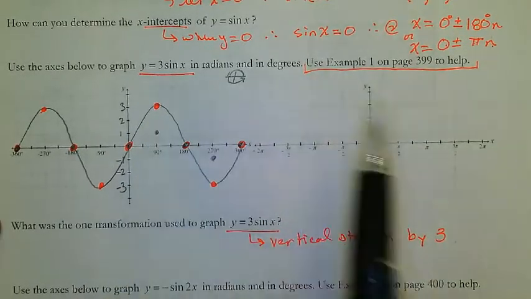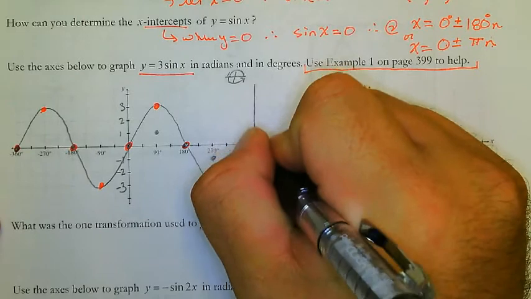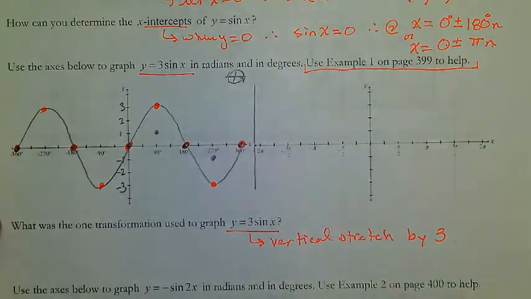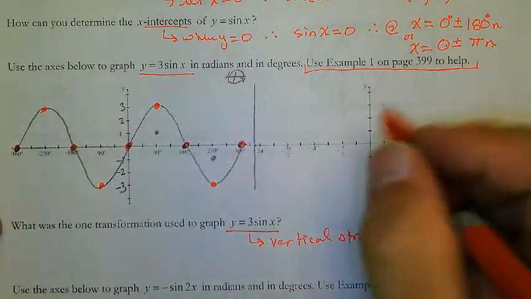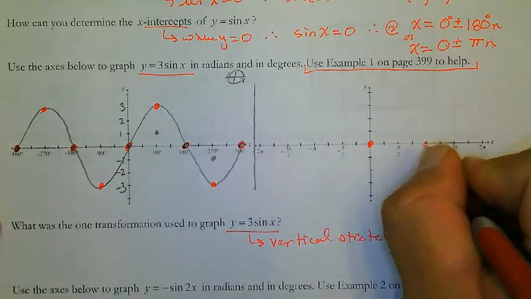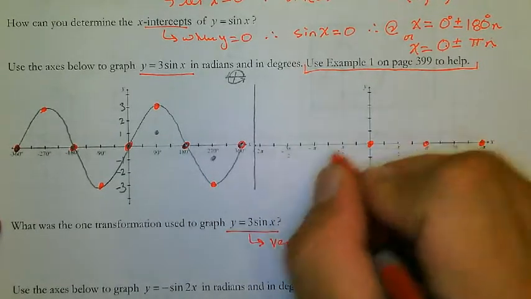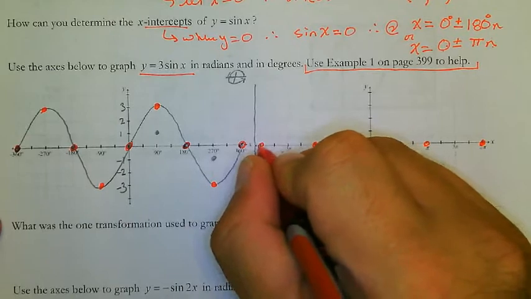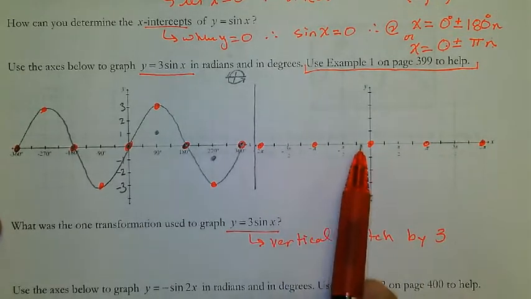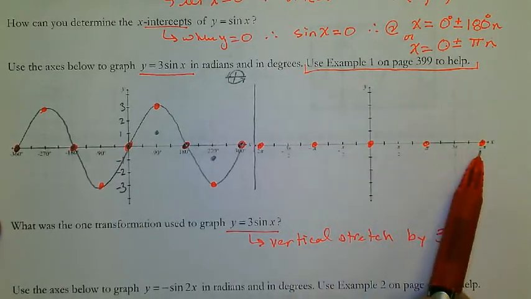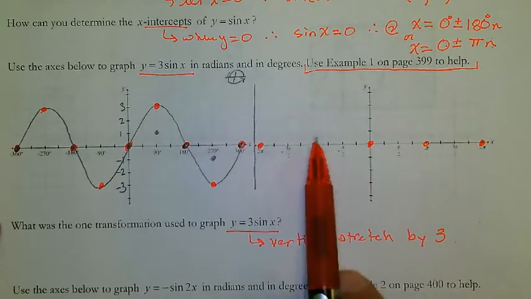But of course, I could also talk about this same graph in radians. At 0, at pi, at 2 pi, at -pi, at 2 pi, so integer multiples of pi, the sine ratio is 0.